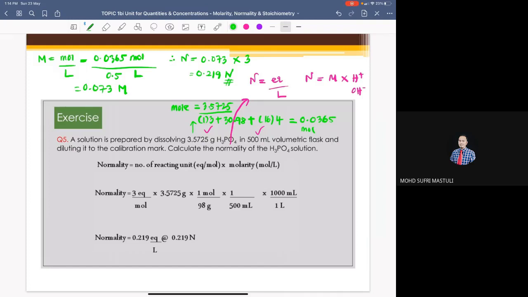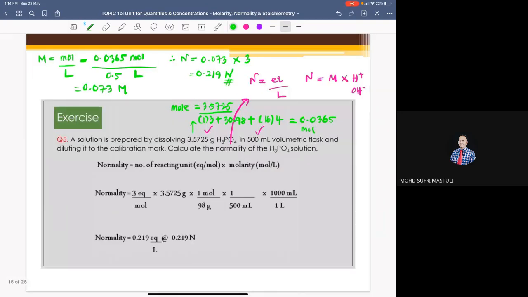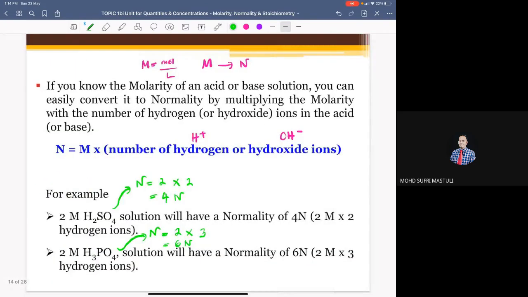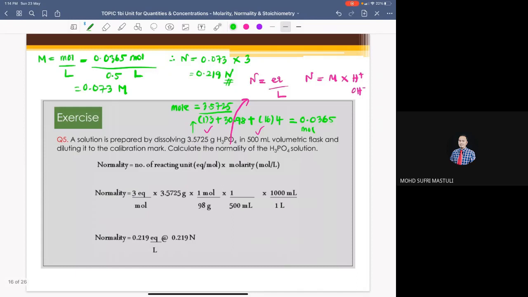So meaning that even though the molarity is not given, we still can use this simple formula: normality is molarity times the number of hydrogen or hydroxide, but you have to calculate the molarity first.